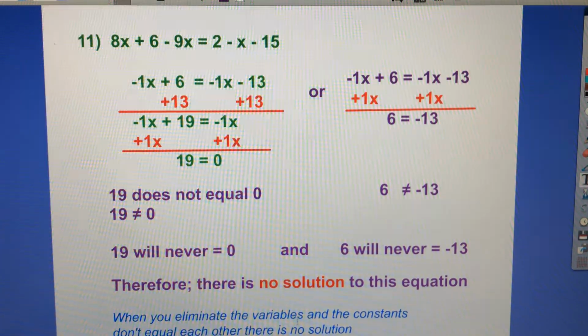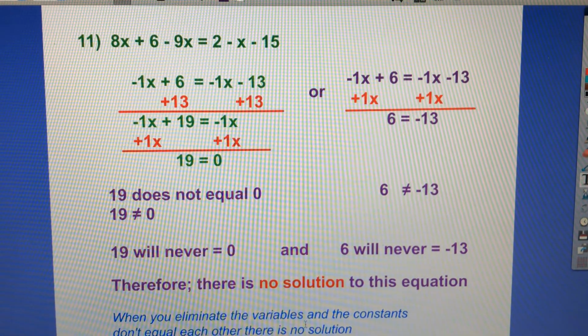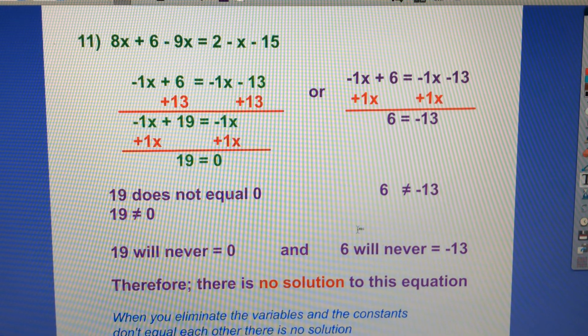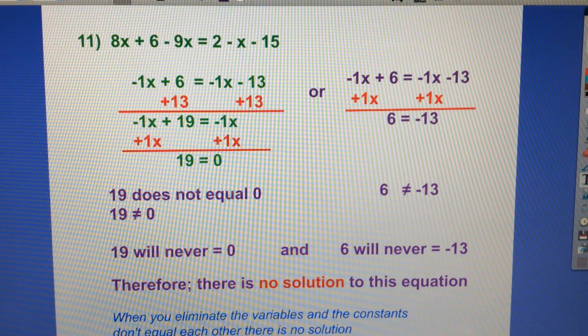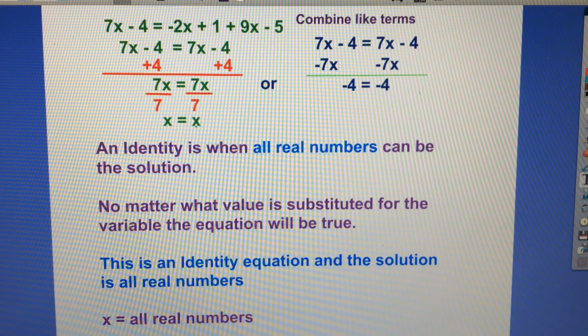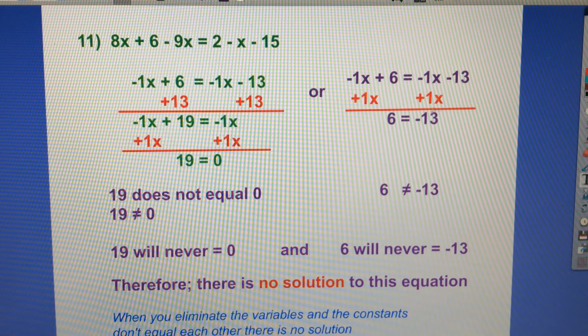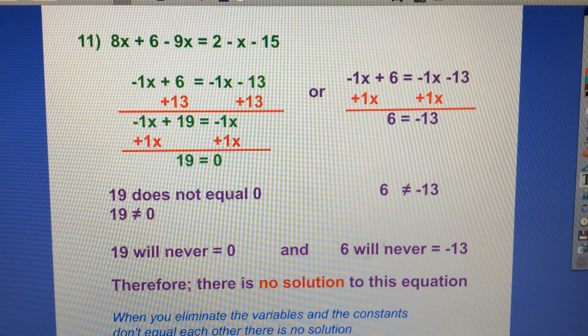When you eliminate the variables and the constants do not equal each other, there is no solution. So we went from all real numbers as the solution because they do equal each other to they don't equal each other, so there is no solution.